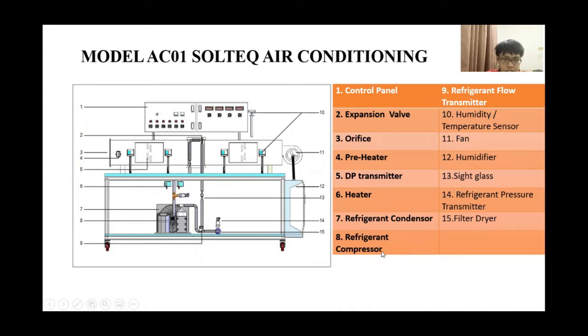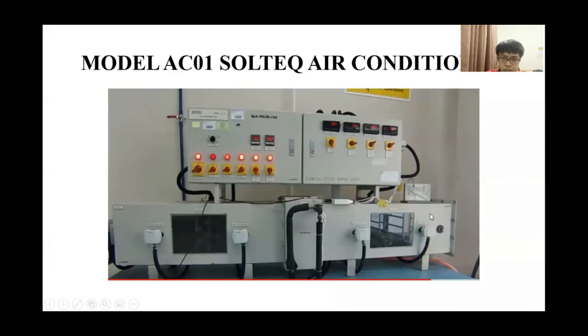And these are the components of the air conditioning unit, such as control panel, expansion valve, orifice, preheater, DP transmitter, heater, and others. Moving on, here is the air conditioning unit that we use in the lab.